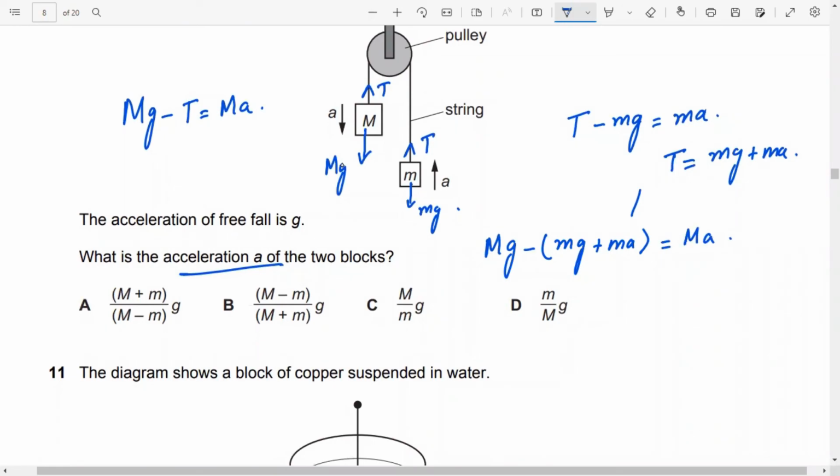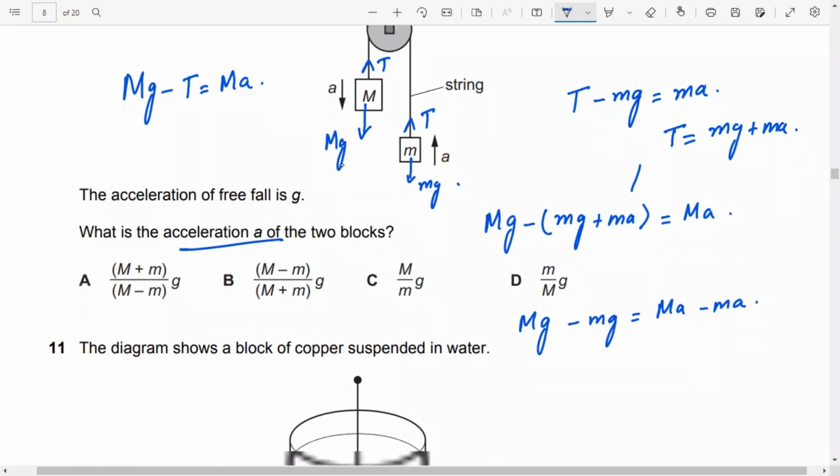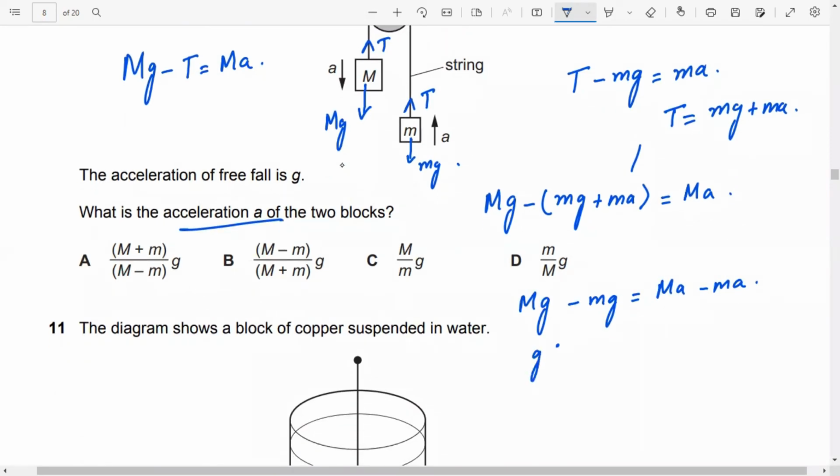I've done substitutions here. This becomes mg minus mg. I took the ma to this side. I've taken g common here. This becomes m minus m. I'll take a common here. This minus m, going there, becomes plus. The minus that I had formed here became plus there, right? So this becomes m plus m.